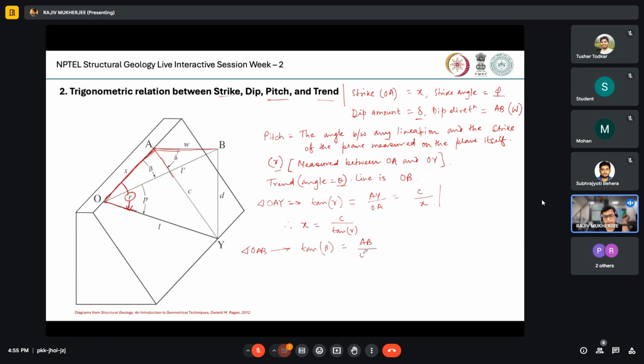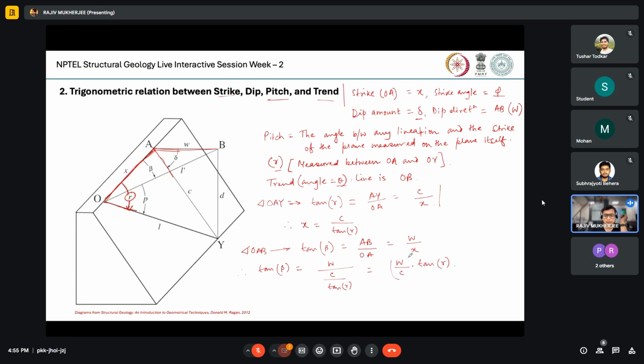So AB by OA, we will have W by X. Therefore, we can write that tan beta is equal to W by X, means C by tan of R, right? That means W by C times tan of R.